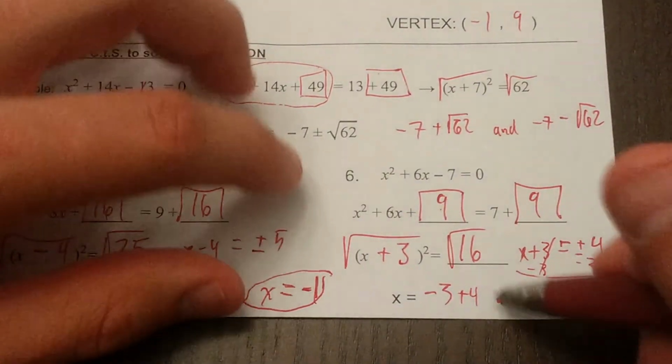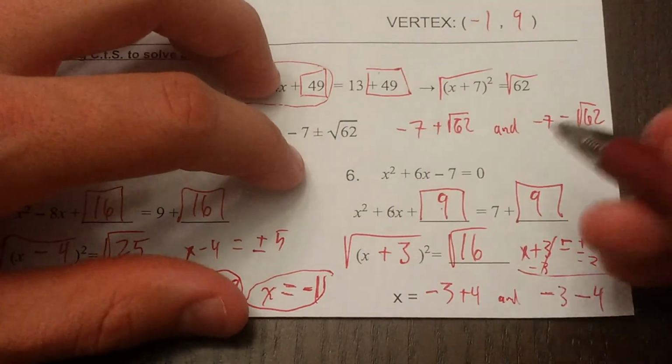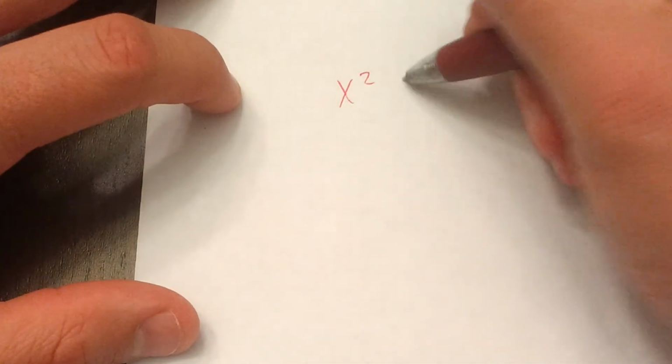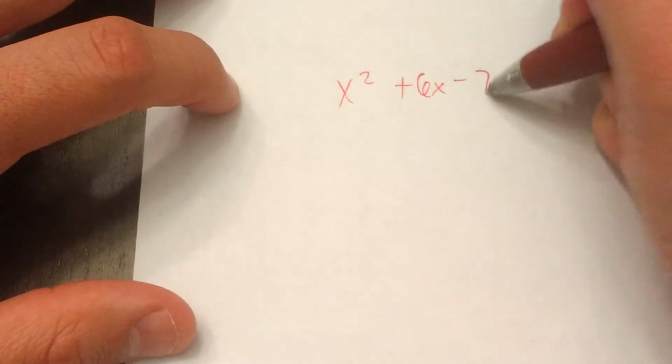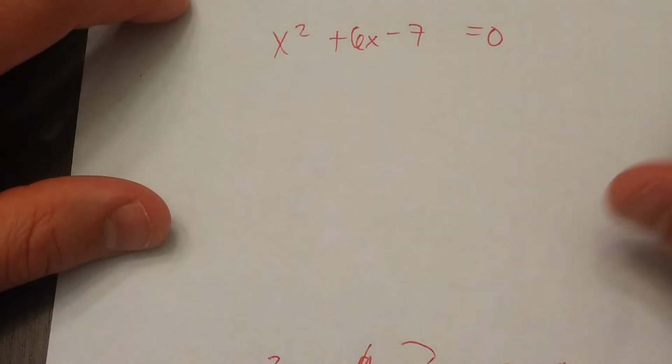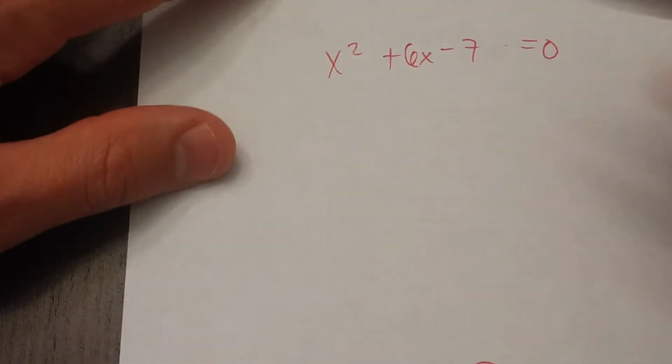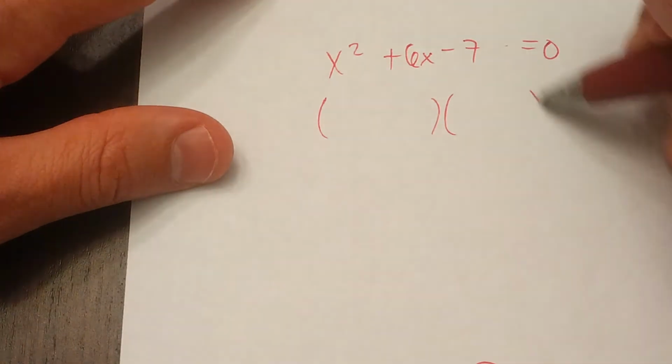Oh yeah, didn't we know that those would be the same answers? Positive 1. Well, let me rewrite this problem in the back. I'm running out of space. x squared plus 6x minus 7 equals 0. That was the problem we just did. Go back and check. Yep, that is it. So, don't we already know how to solve this?